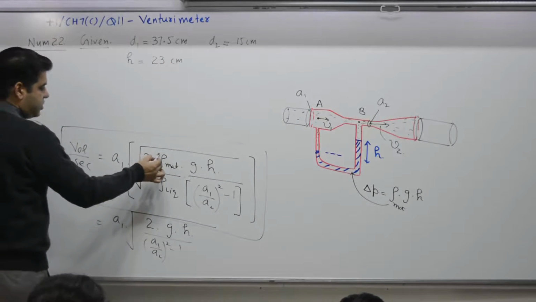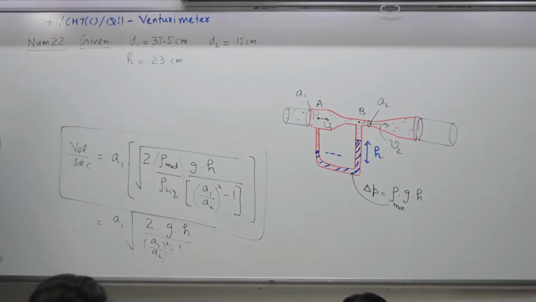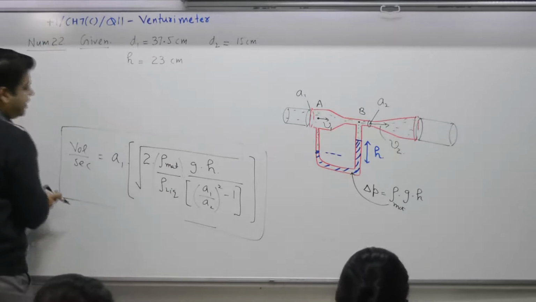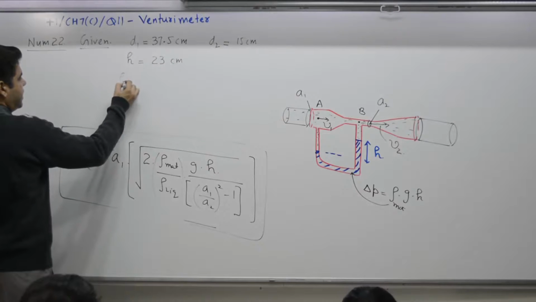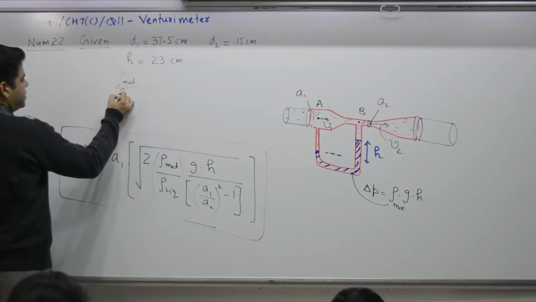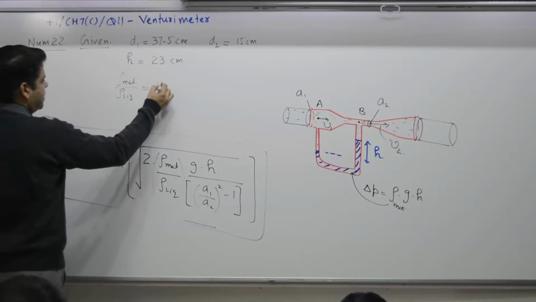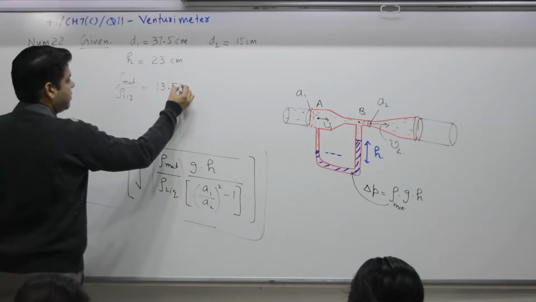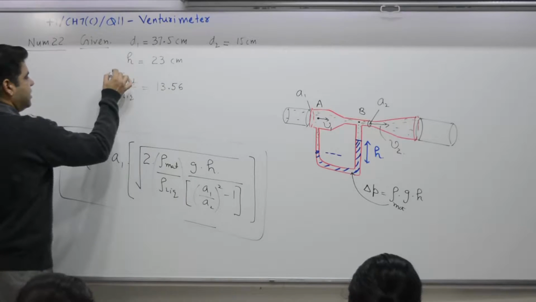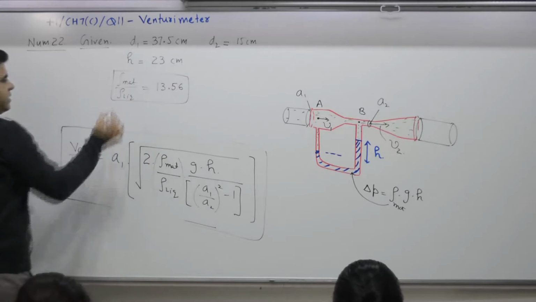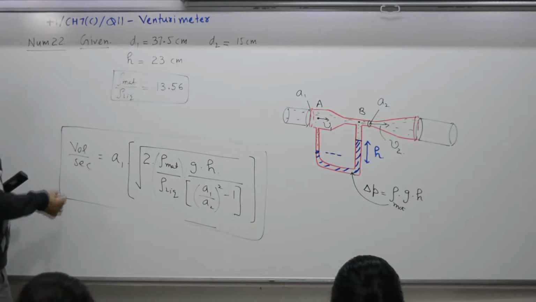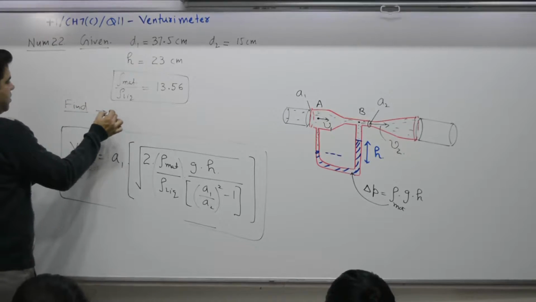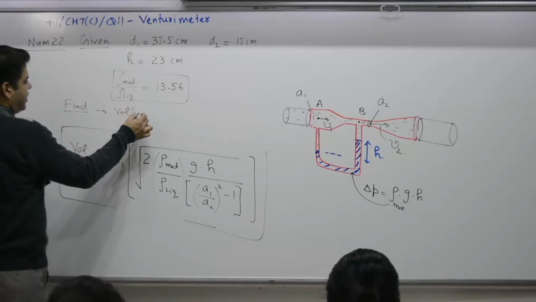And density of material by density of liquid, in this case mercury and water, is given as 13.56. Relative density is also given. You have to find out the volume flowing per second.